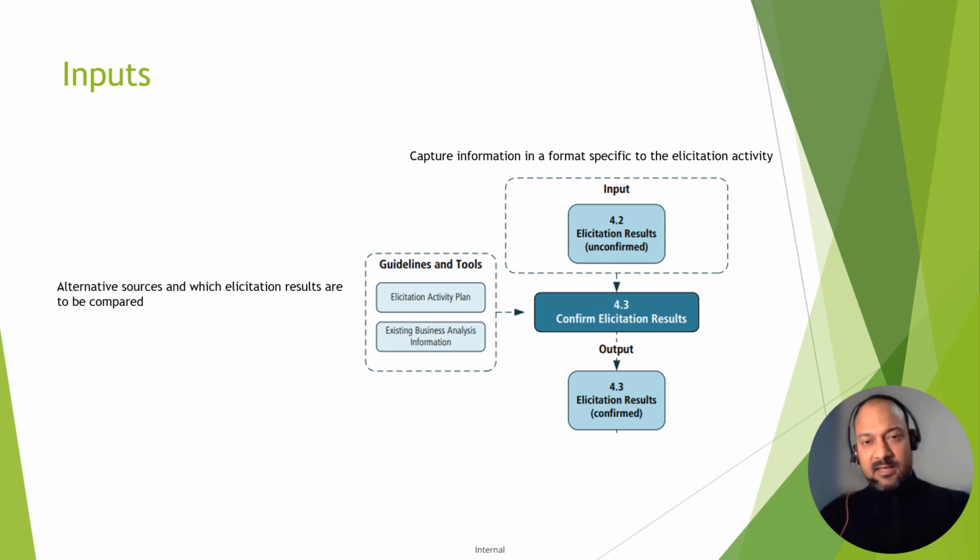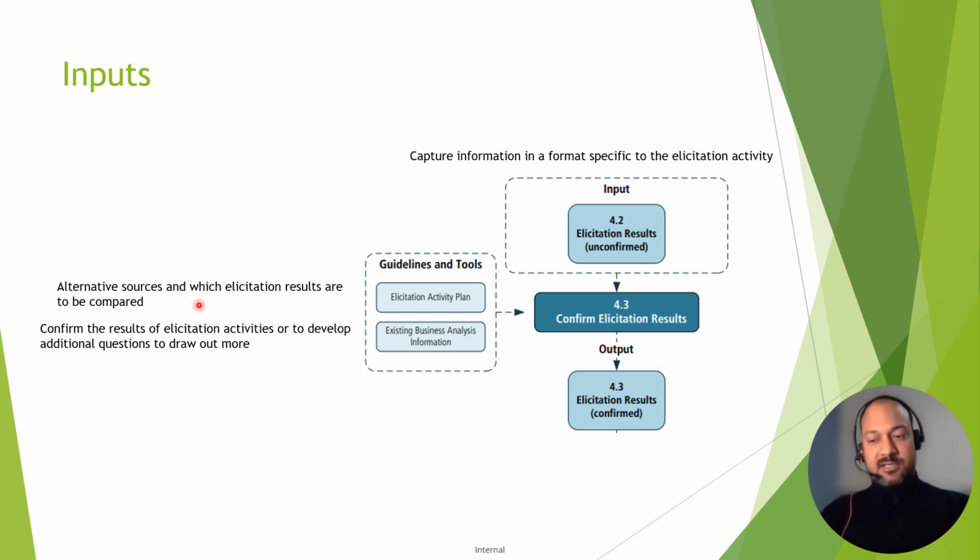Then the elicitation guidelines and tools also act as an input. Then the elicitation activity plan, and alternative sources with which elicitation results are to be compared. It should be with which elicitation results need to be compared. Confirm the results of elicitation activities or develop additional questions to draw out more information.